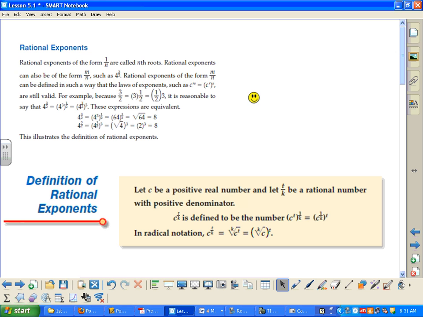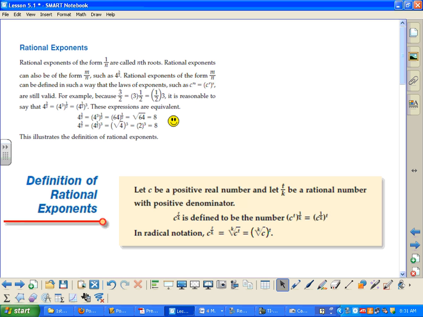Now, one of the things to look at is down here that if we take 4 to the 3/2 power, we can find the answer to that or simplify that in a couple of different ways. We can do 4 to the 3rd power to the 1/2 power, okay, because 3 times 1/2 is 3/2. And that would give us 64 to the 1/2, which is the same as the square root of 64, which is 8.